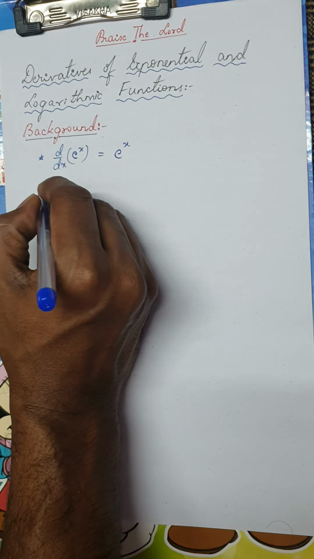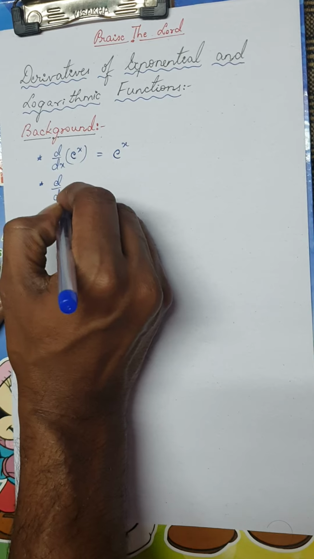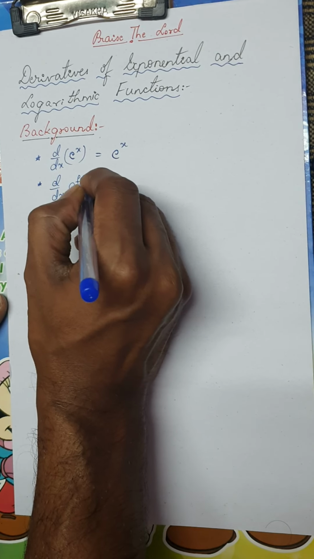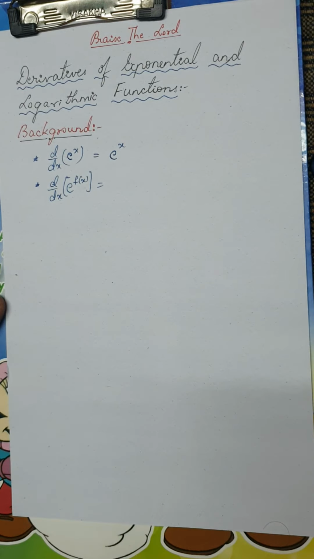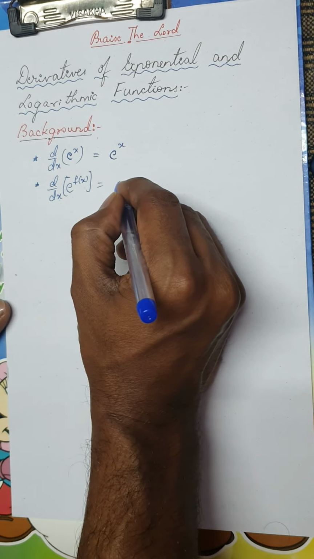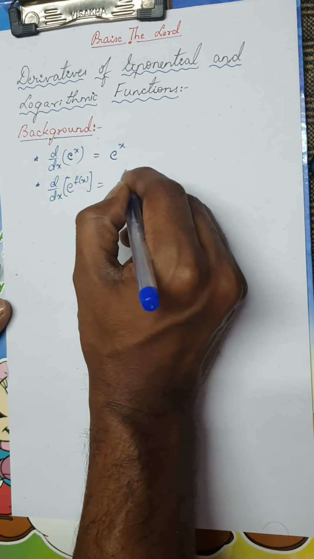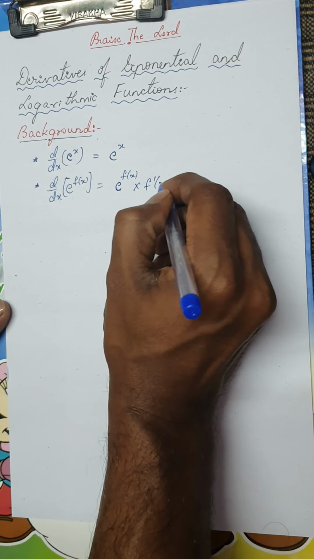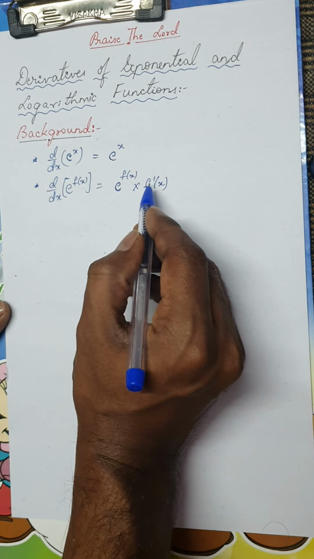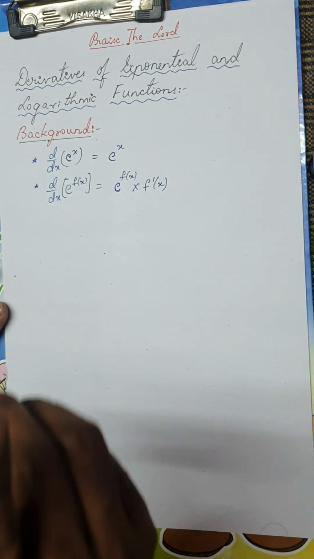In case you have the derivative of e power another function, let me say f of x, instead of x, the derivative of e power f of x is e power f of x into f dash of x. So f dash of x means differentiate f of x once.